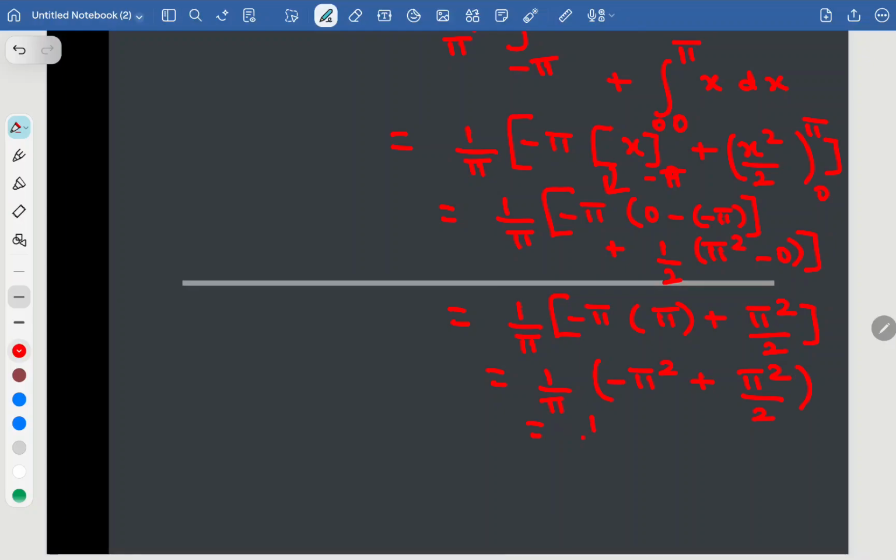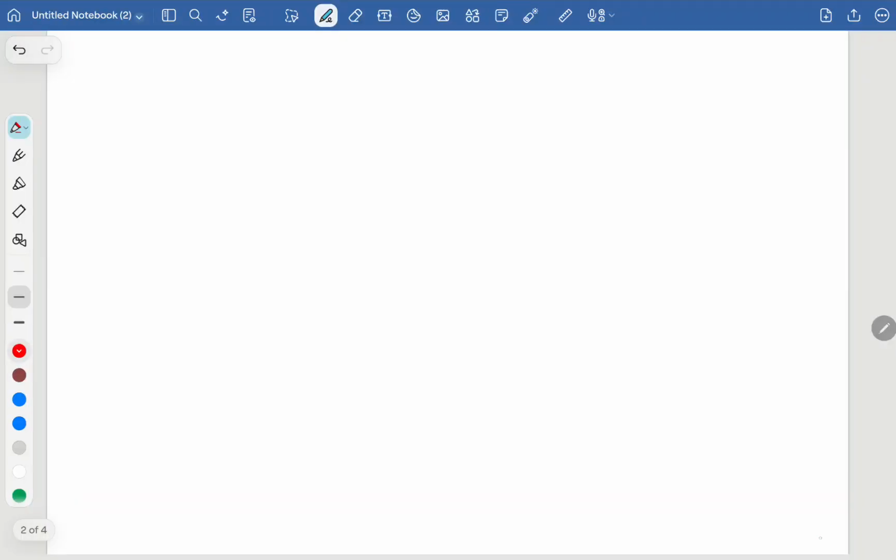Simplification: 1 by pi, minus 2 pi squared plus pi squared by 2, simplification, minus of pi squared by 2 pi, simplification, minus pi by 2.